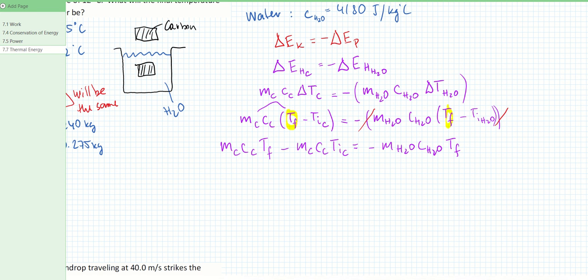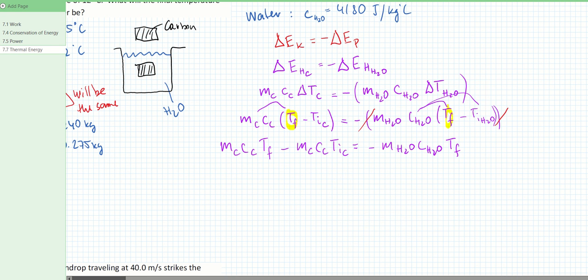We're going to end up with negative times negative once you FOIL the next part. So we multiply this times this, then multiply this times that, so negative times negative becomes positive. Mass times the specific heat of water times the initial temperature, Ti H2O. All right. So again, we're looking for the T final right here.